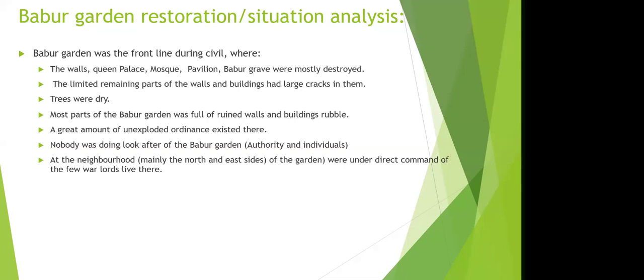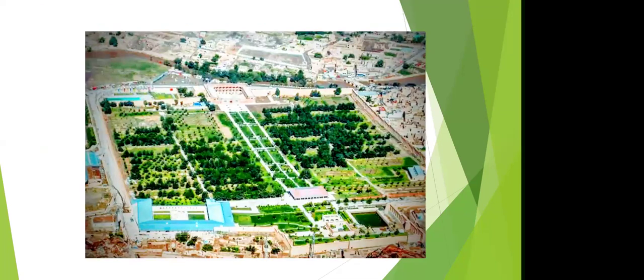The other issue was the neighborhood. There were encroachments from the north and eastern side of Babur from the neighborhood. And the warlords had made houses there, and they just came on their own desire. And as we see here, the Bagh-e-Babur photo is in front of you. You are all familiar with it.